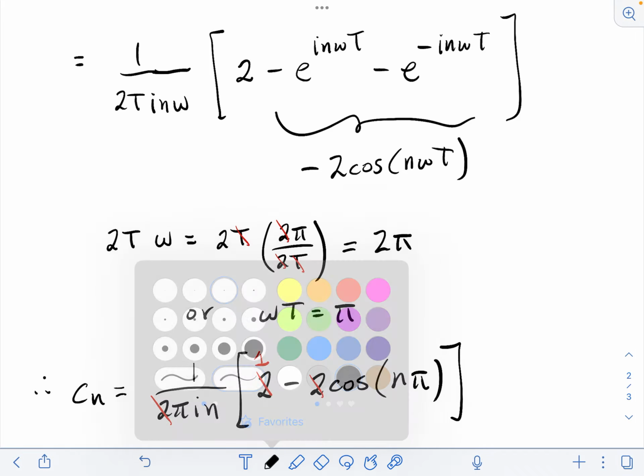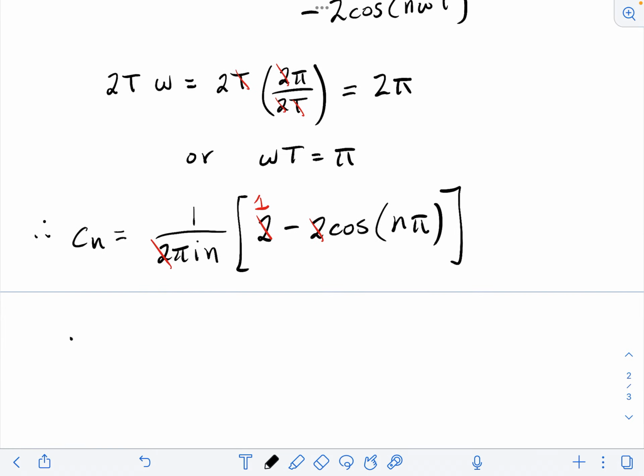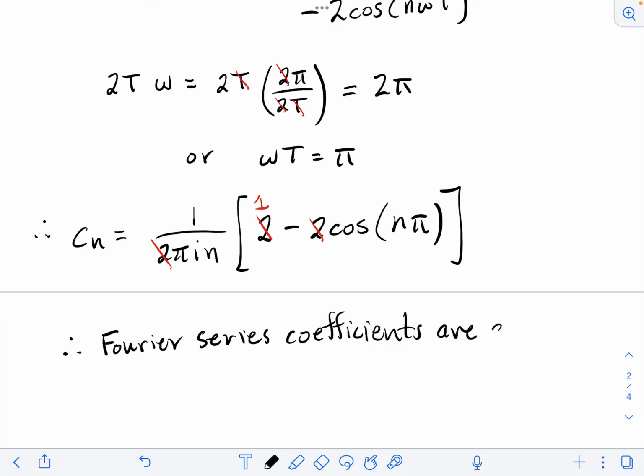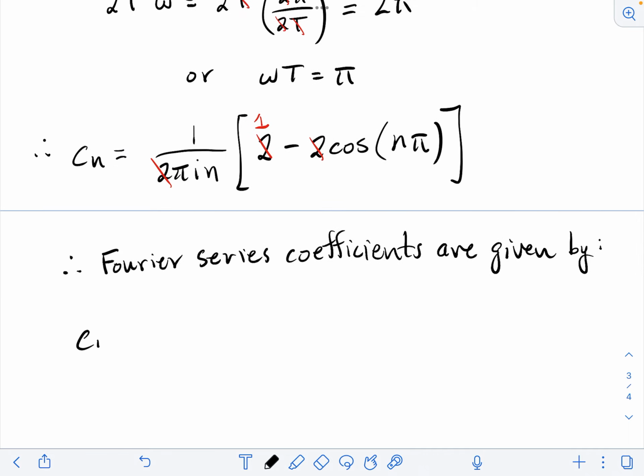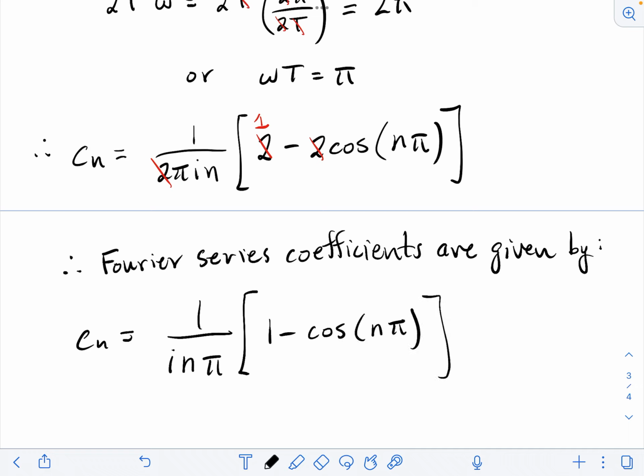And therefore, our Fourier series coefficients are given by Cn is equal to 1 over i times n pi, times 1 minus cos of n pi. Okay.